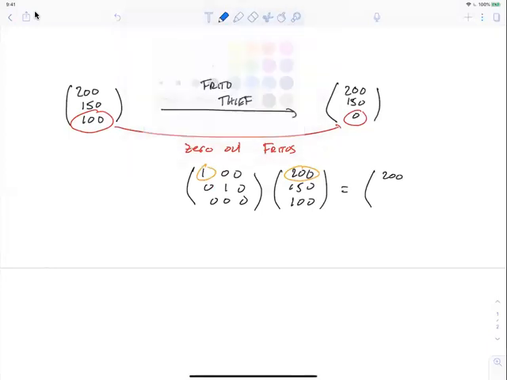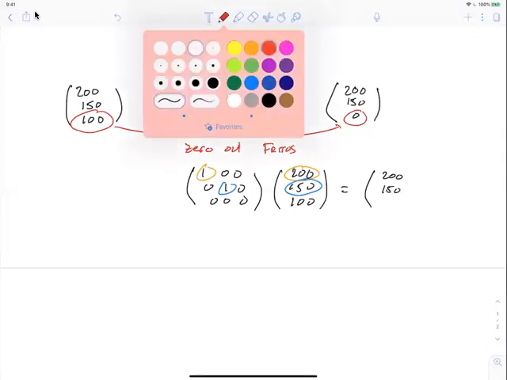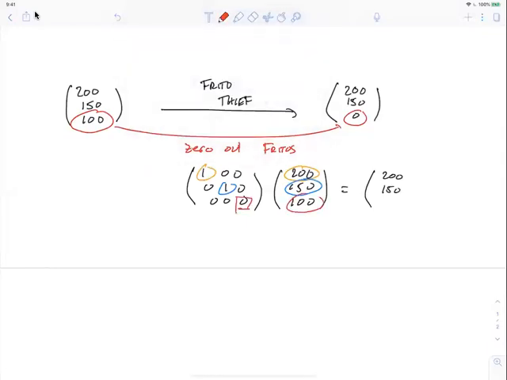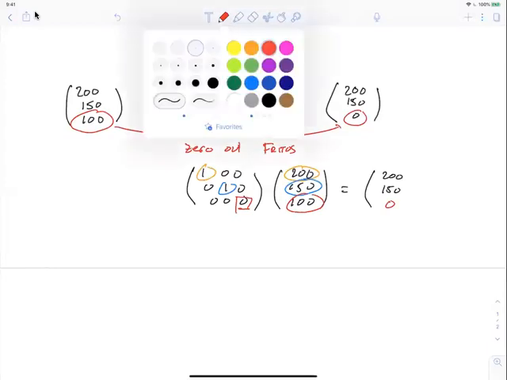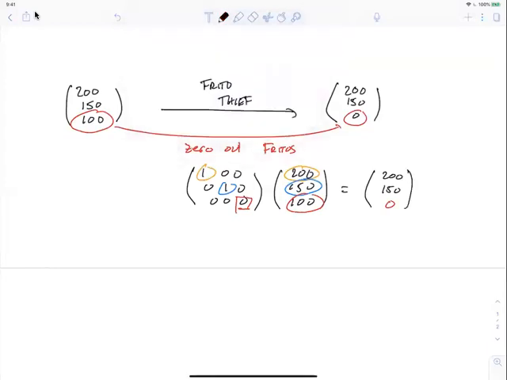The number of Cool Ranch is going to stay the same. So that's just 150. But we have a 0 on the diagonal here because the Fritos get zeroed out to 0. And so this is the matrix. This kind of diagonal matrix is a very special, very nice and easy matrix to handle. And it describes this transformation very naturally.